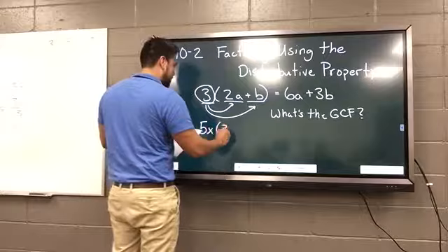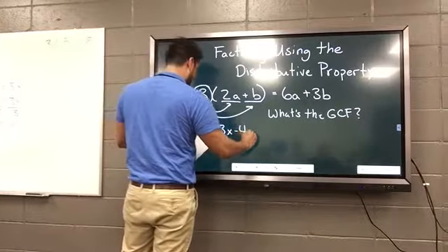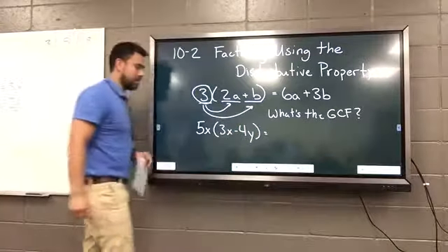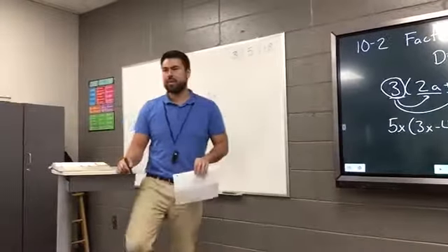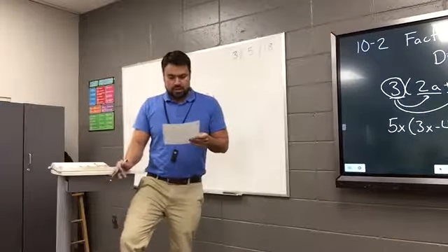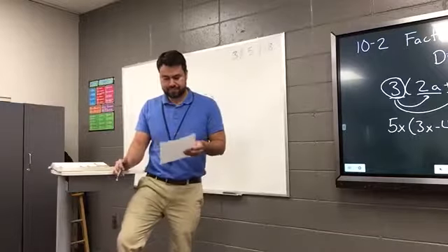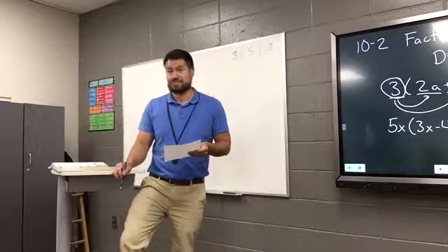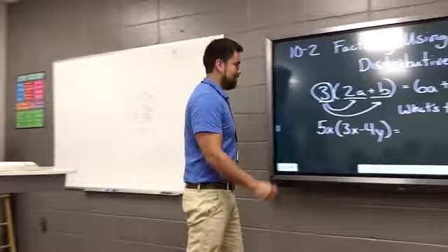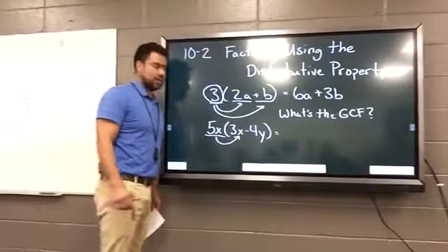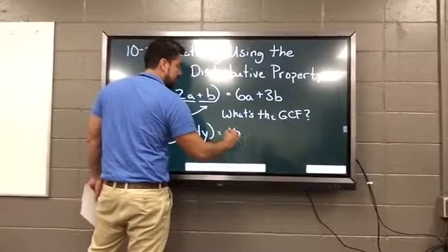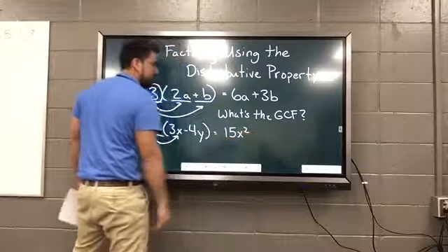5x times 3x minus 4y. Multiply that out, please. 5x times the quantity, 3x minus 4y. So 5x times 3x is, good, 15x squared.